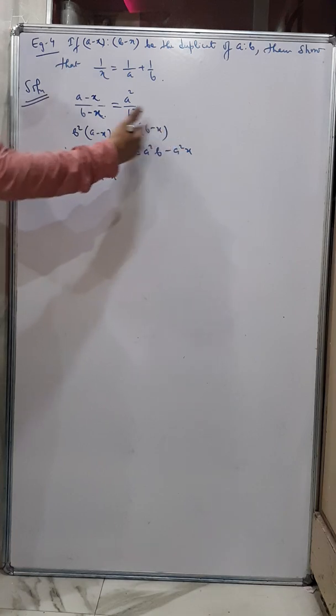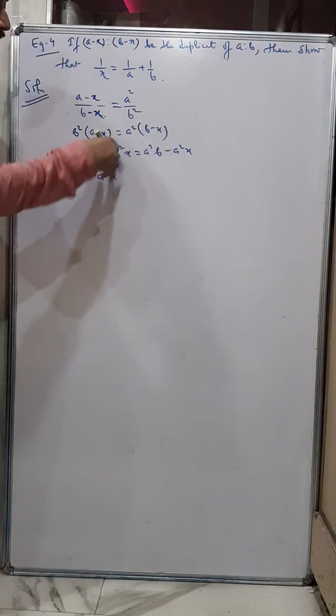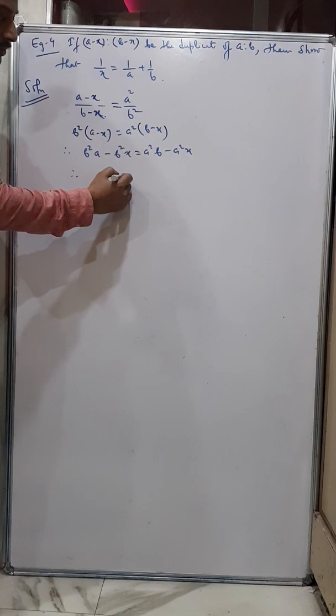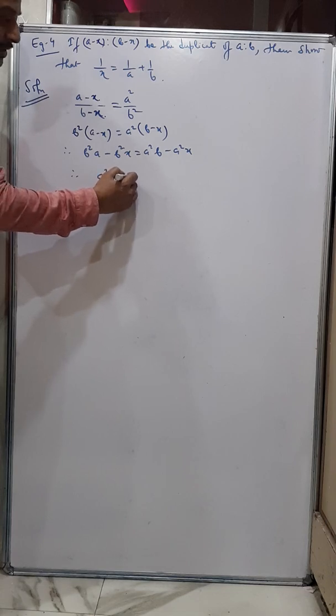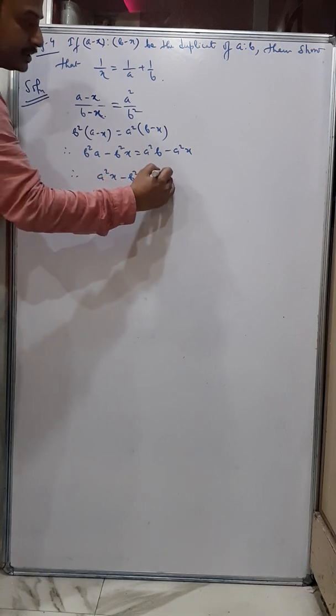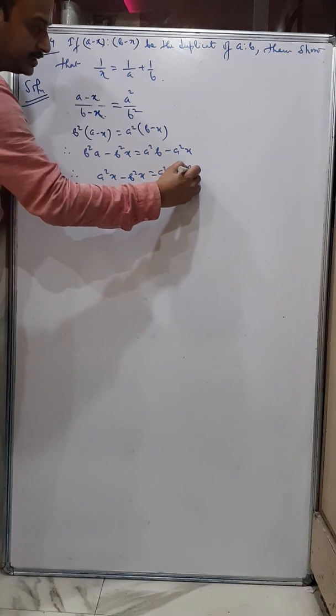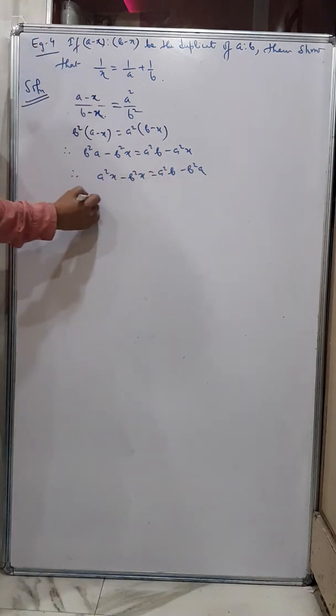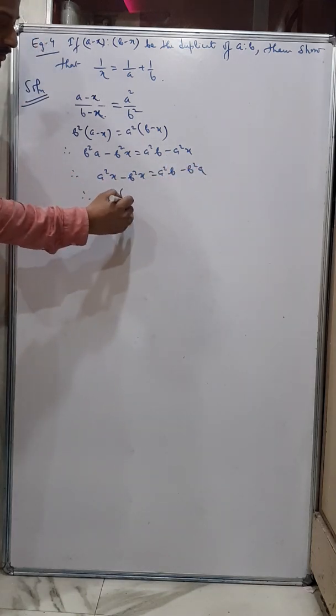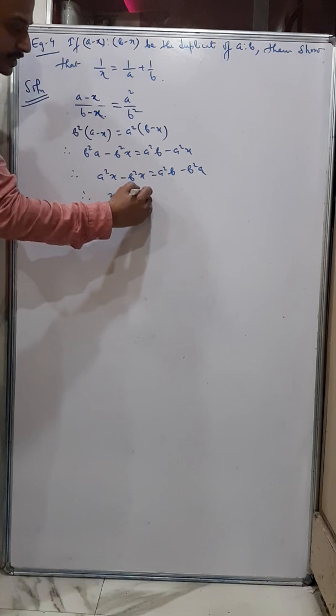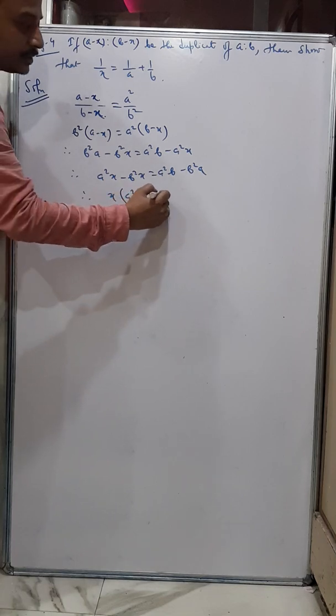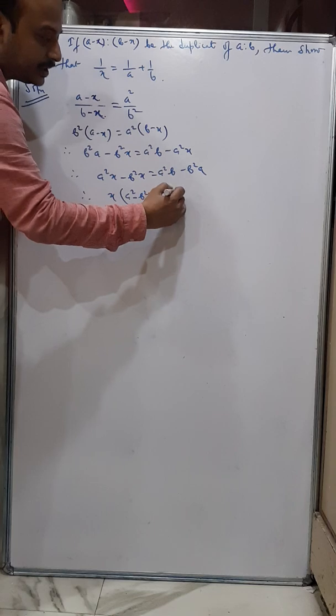We can bring all the x-containing terms on one side and the others on the other side. So we get a square x minus b square x is equal to a square b minus b square a. Here we can take x common. We get a square minus b square, and from here we can take ab common.